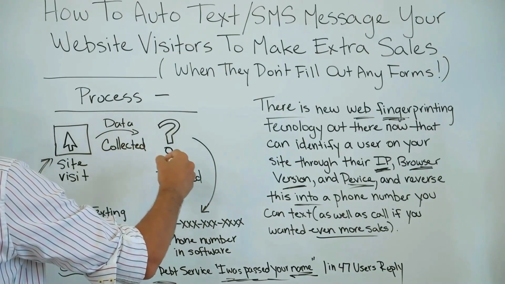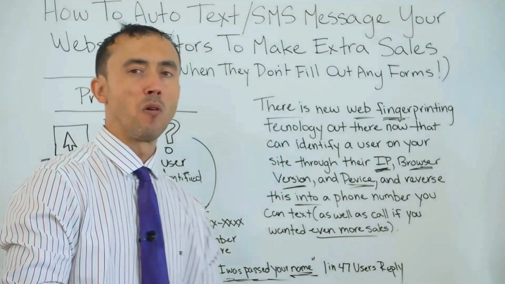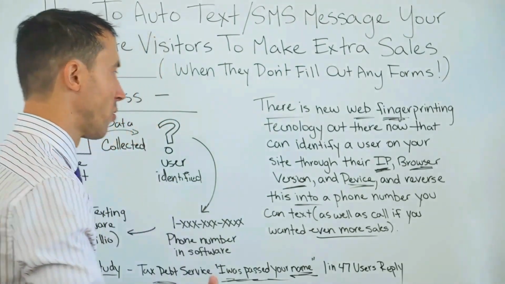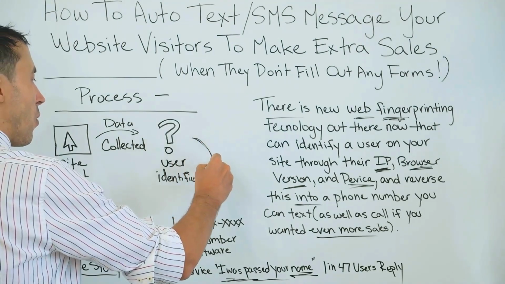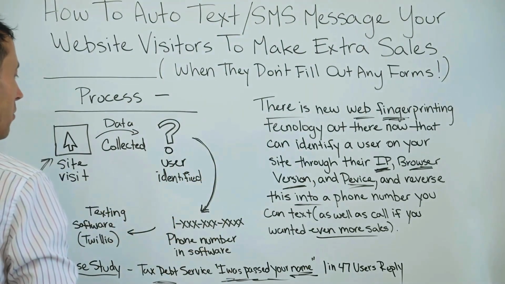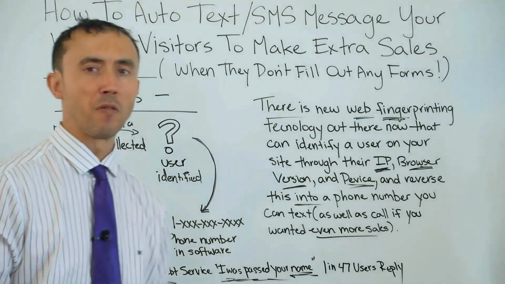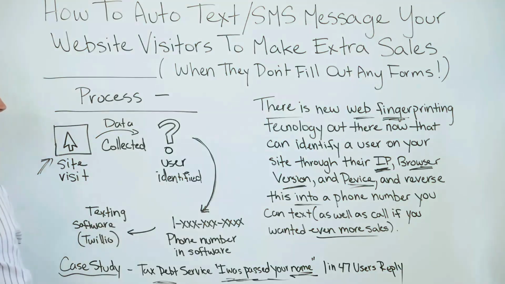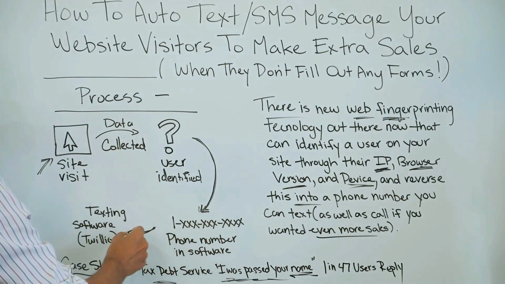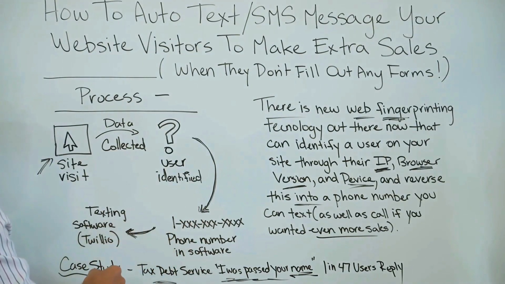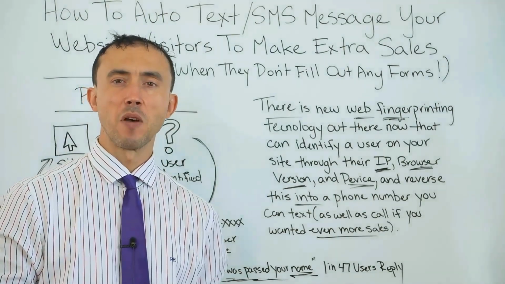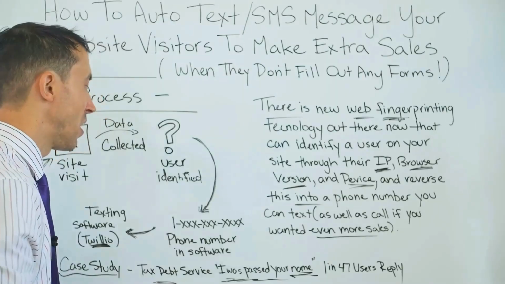Then with their backend algorithm and data that they pull from other third parties themselves, IP address databases, and so forth, they actually identify the user, and then they send you their phone number, which you can get directly from them in their web portal, or you can work with them to send that data to a third party texting service. I would recommend Twilio, a service where you can text message from any number to any number.